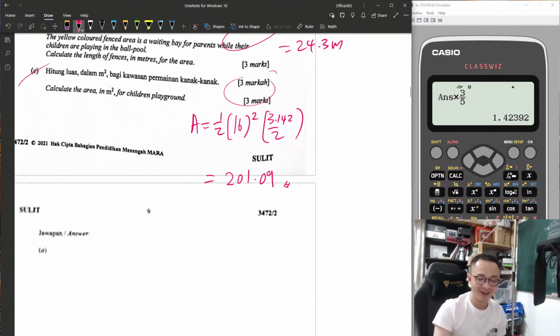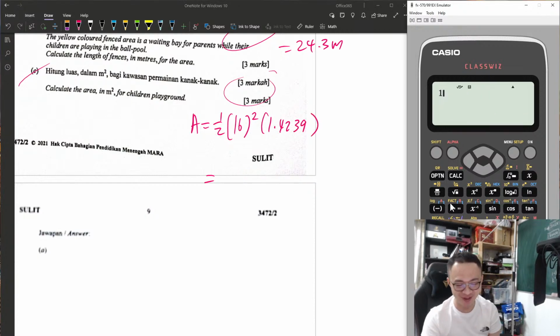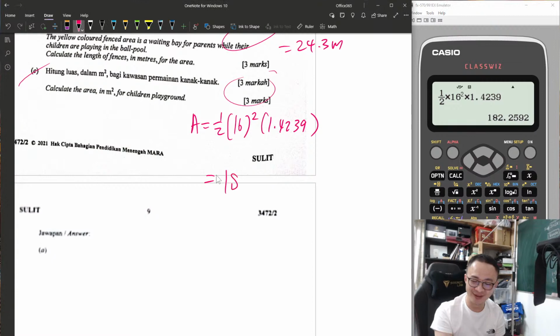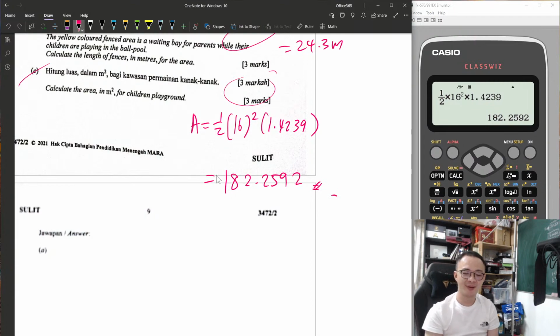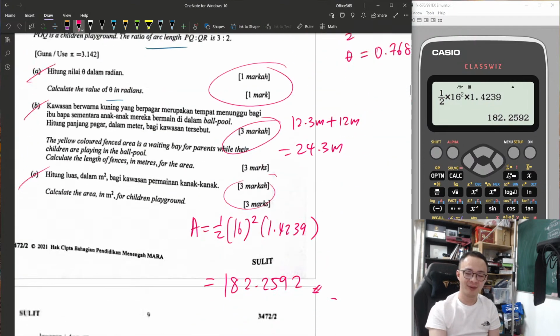Then sub the correct one into here. 1.4239. Now this makes more sense, at least it is a little bit challenging rather than way too easy. Oh, sorry, it's 1.4239. Then this is the answer.